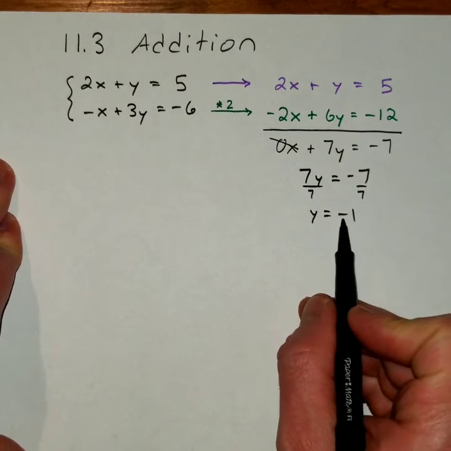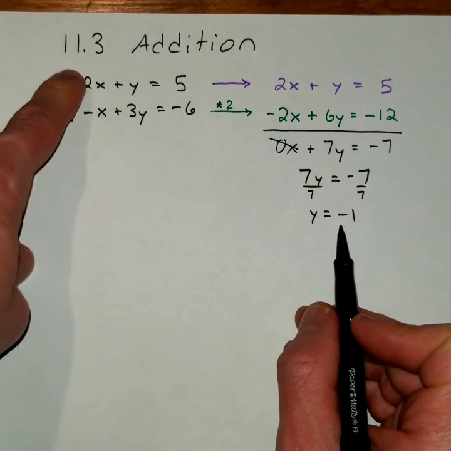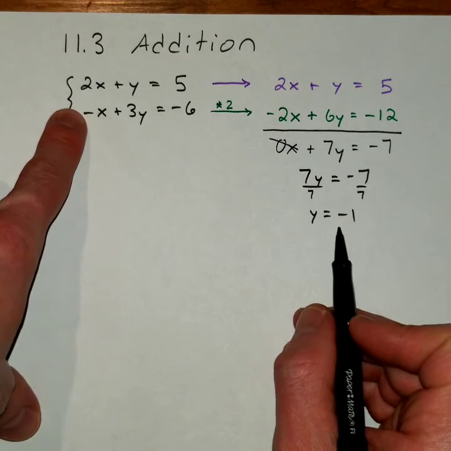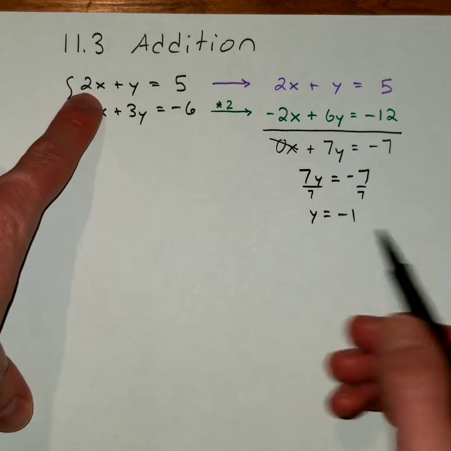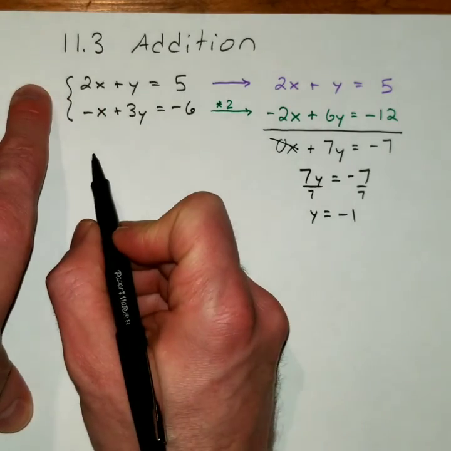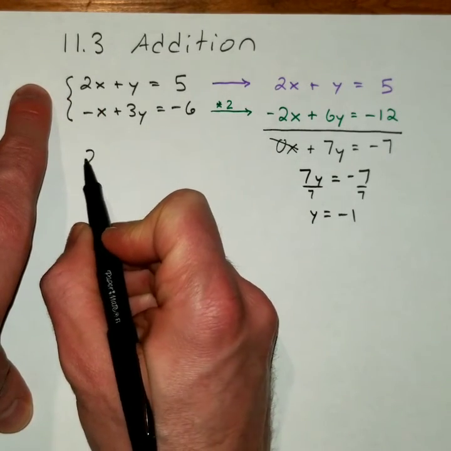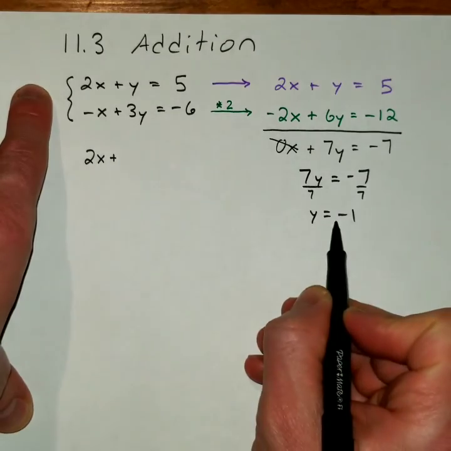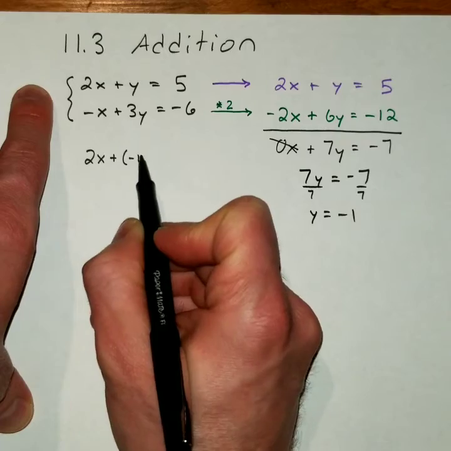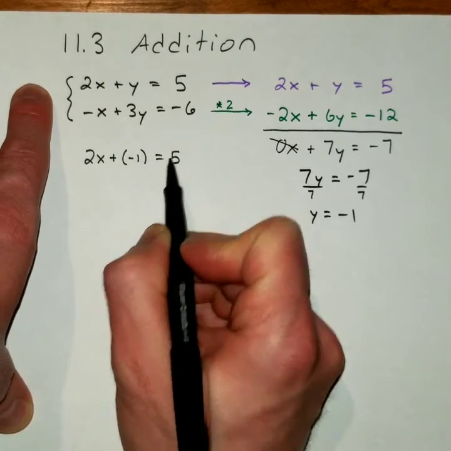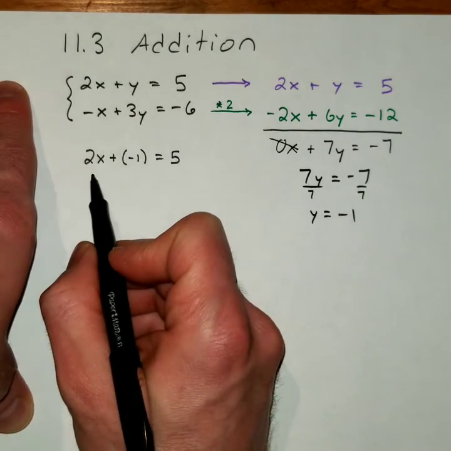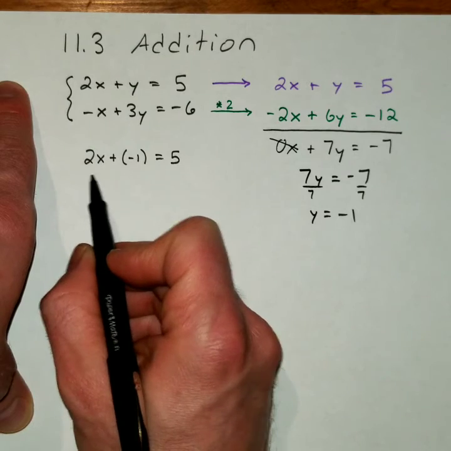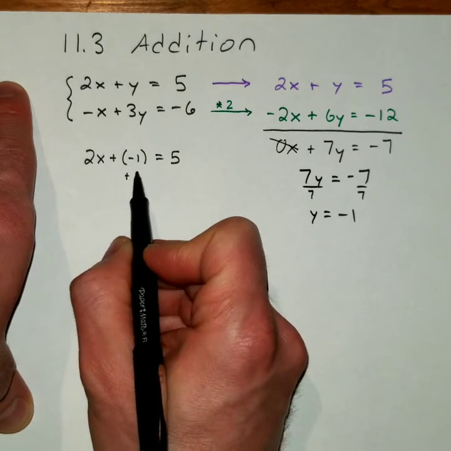So I take that -1 and I can plug it in again to either of the first two equations. I'll choose the top one. I just think the numbers will work out nicely there. So I go with 2x plus, now the y value becomes -1, equals 5. I'm going to add a 1 to both sides.